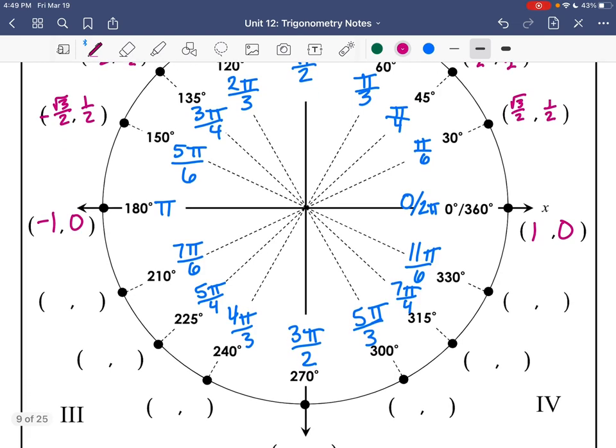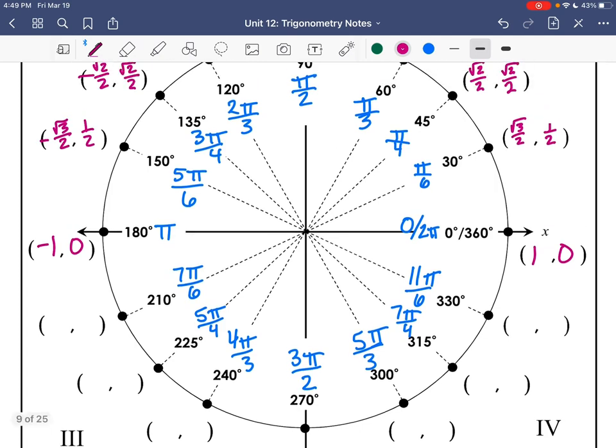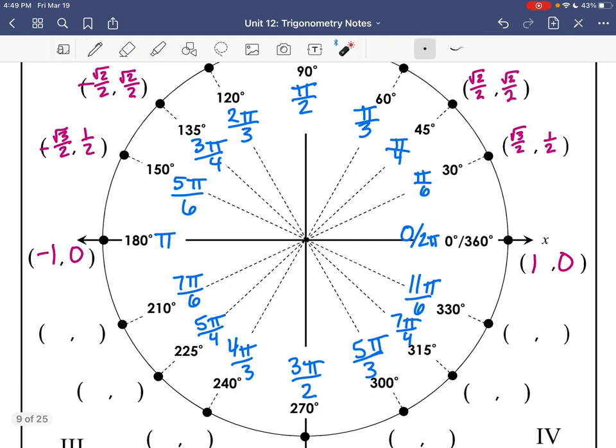Then when we start doing the next one, they go in reverse order. So think about if you look at this as 210 matching 150 now. So 150 has a reference angle of 30, and so does 210 with 180. So that means they are going to have the same numbers. So they're going to have square root of 3 over 2 and 1/2. The next one is square root of 2 over 2 and square root of 2 over 2.